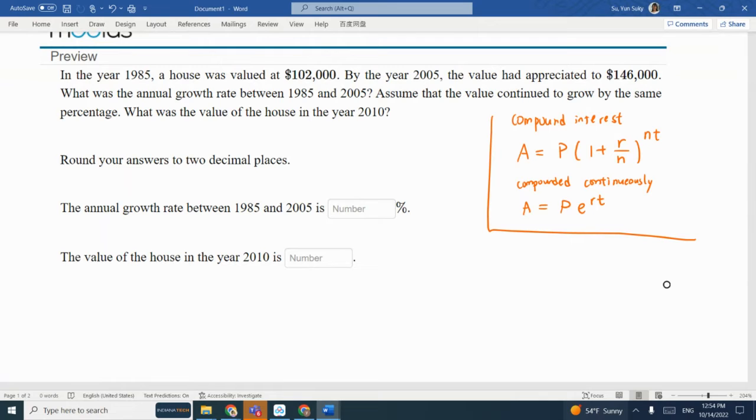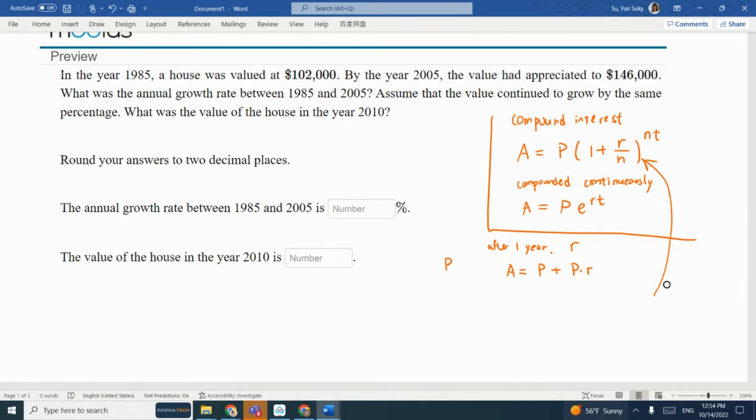And how do we get this formula? We start with the principal P. Let's say r is the annual interest rate, and let's say we only compound once. Then after 1 year, the amount is the principal plus the principal times the interest.